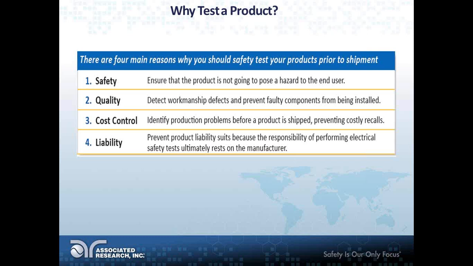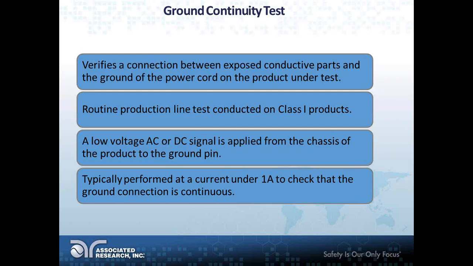And lastly, liability: you want to prevent product liability suits, because the responsibility of performing the electrical safety tests ultimately depends on the manufacturer. So here are the most common reasons why electrical safety testing is performed.